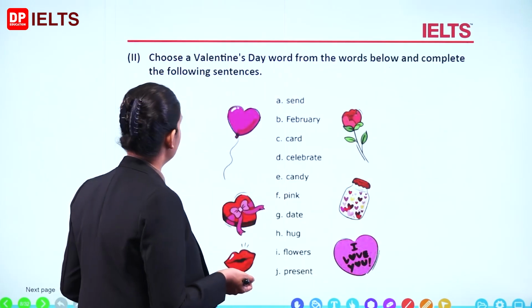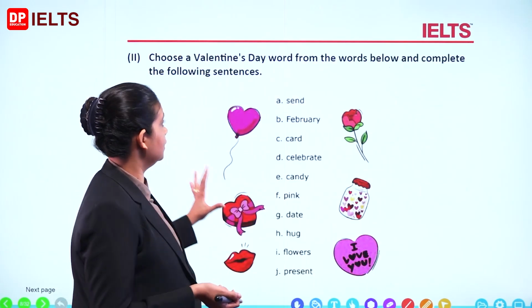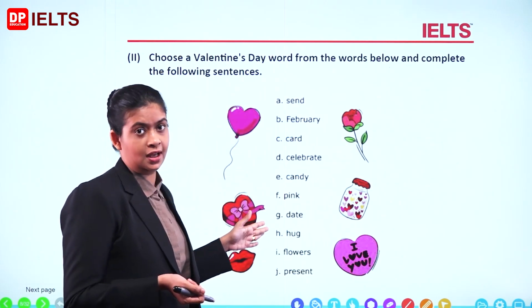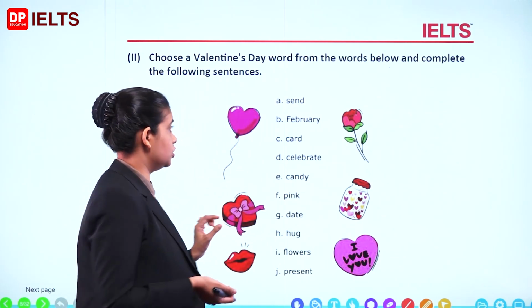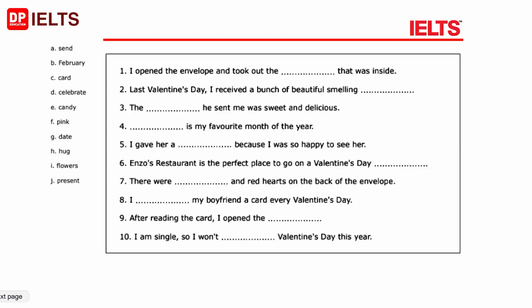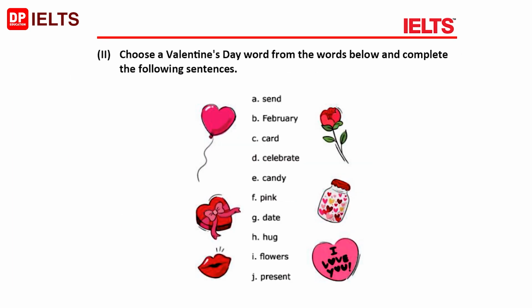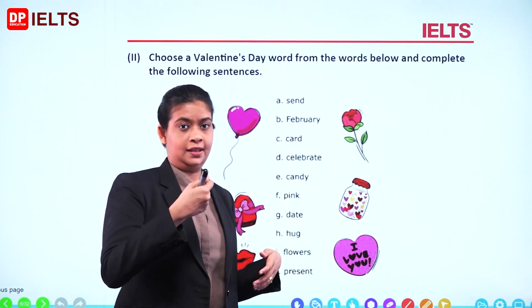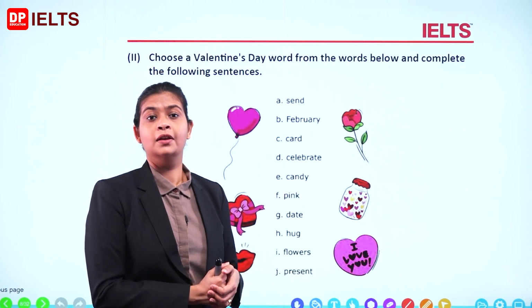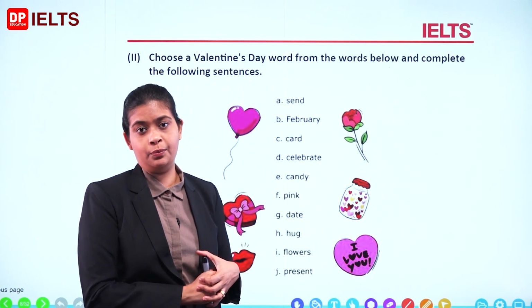දැන් ඒකත් එක්කම we can go to this one. මෙතන තියෙනවා Valentine's Day වලට අදාළ වචන ටිකක්. මේ වචන ටික බලලා අපි මේ sentences ටික complete කරන්න ඕනේ. Right? So let's have a look at the words first. Send, yavanama. February.